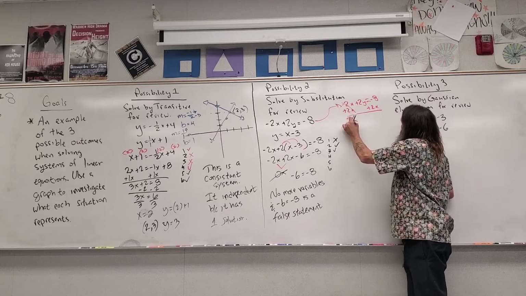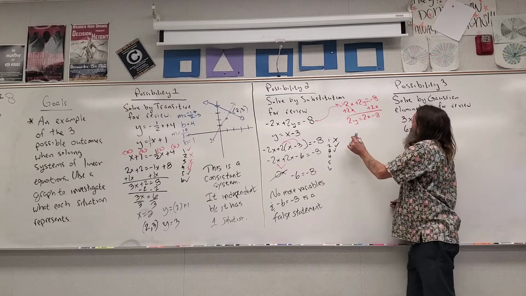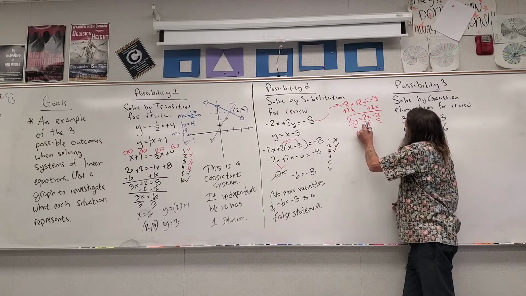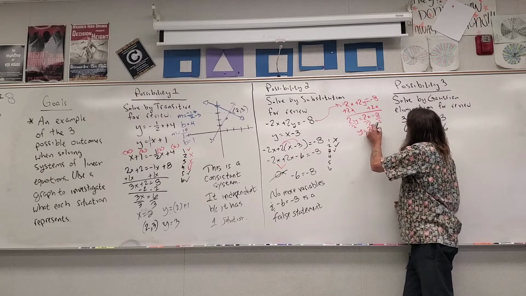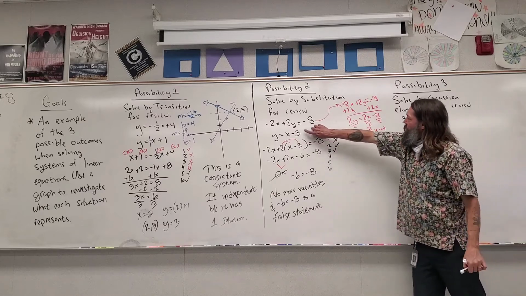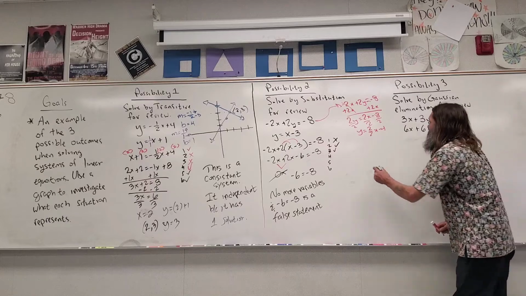Cancels out on the left. I'm left with 2y equals 2x minus 8. Divide the 2 away. And I get y equals 2 over 2x minus 4. Okay, so now I have two equations in slope-intercept form, and I can graph them. So let's go ahead and graph them.